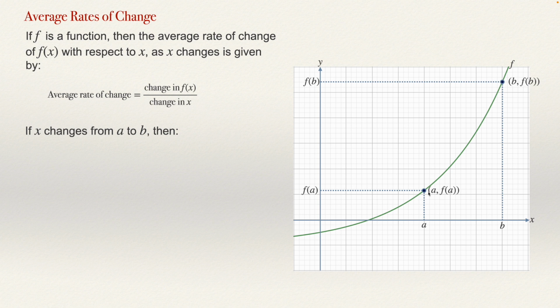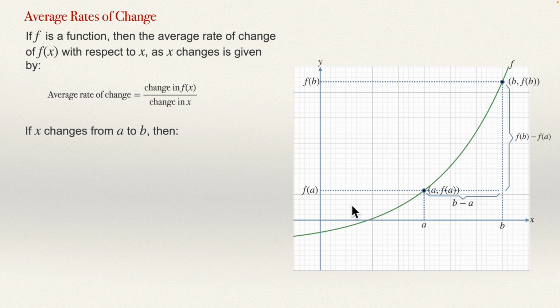The change in x will be b minus a, the second value minus the first, and the change in the function will be f(b) minus f(a).